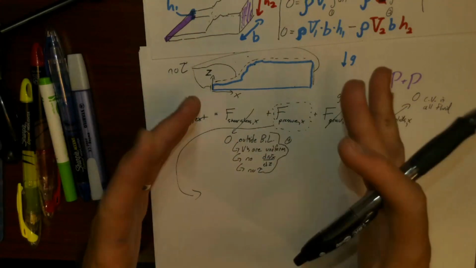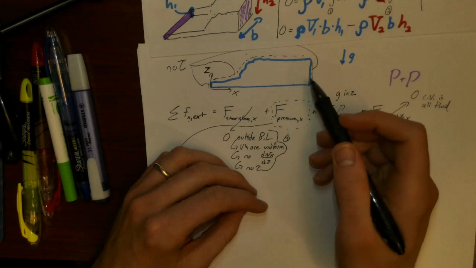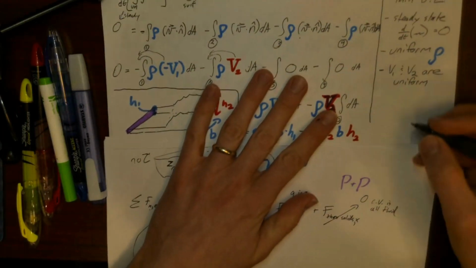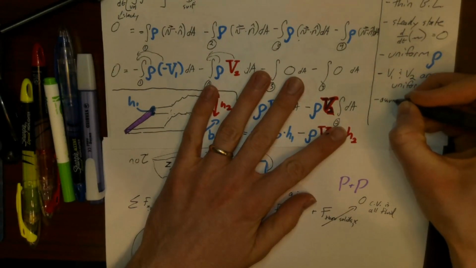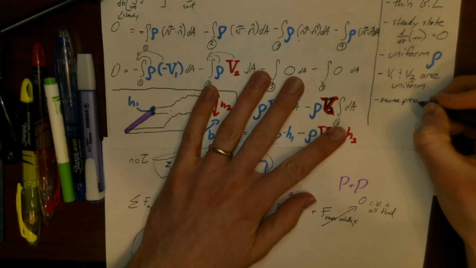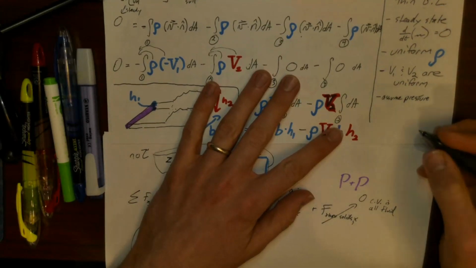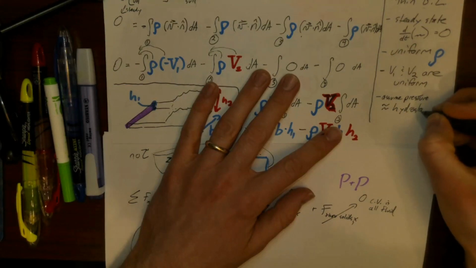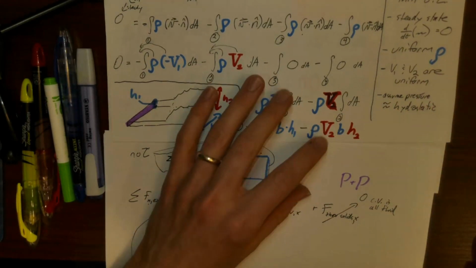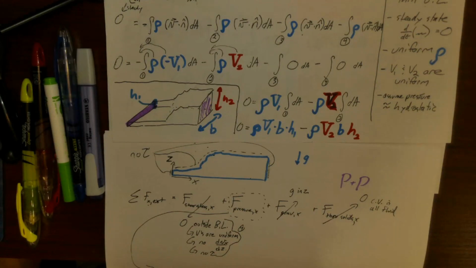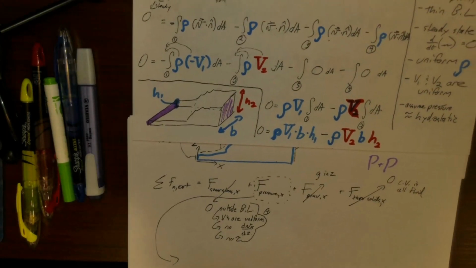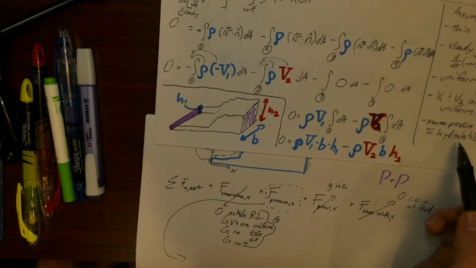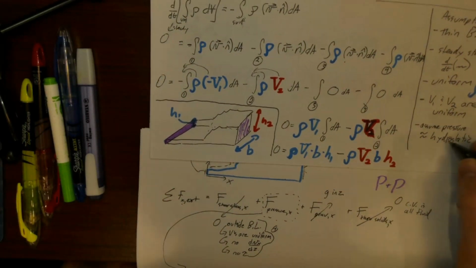But for lack of a more rigorous model, let's assume pressure to a first approximation is approximately hydrostatic. That pressure is basically on these two surfaces from the fluid. Even though strictly speaking the fluid's moving, let's say give or take a little bit, it's hydrostatic.